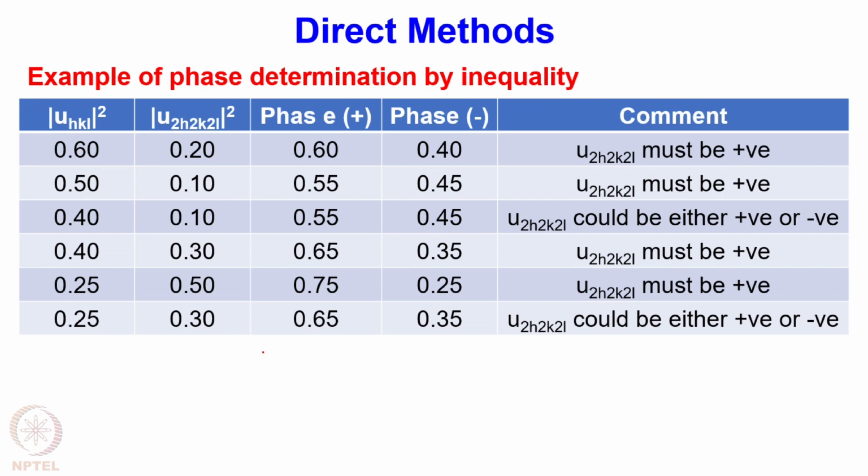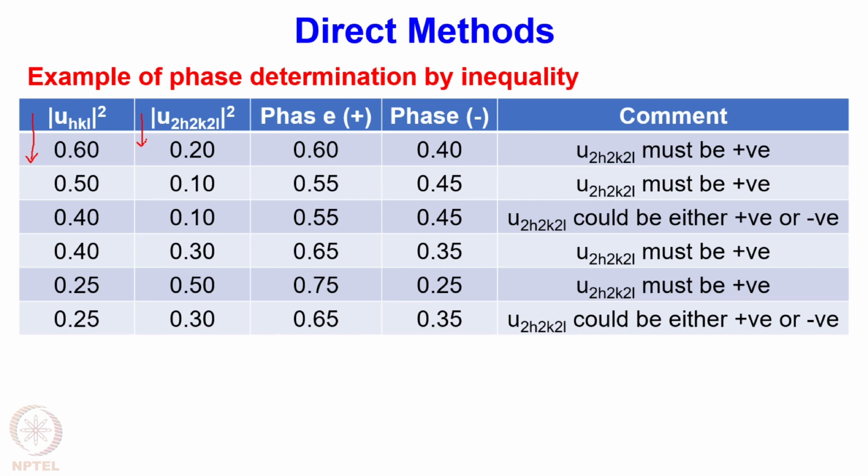So here is one example of this set of values for phase determination by the inequality method. Here what we can see is that I have the values for U_HKL square listed in the first column, and the calculated or observed U_2H2K2L square values are listed in the second column.